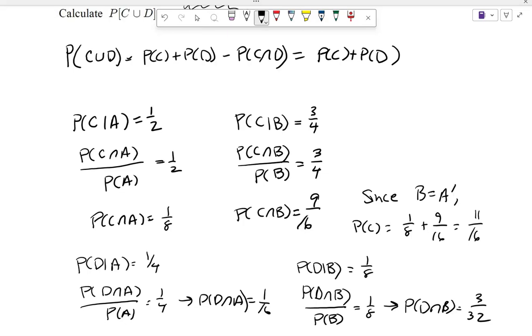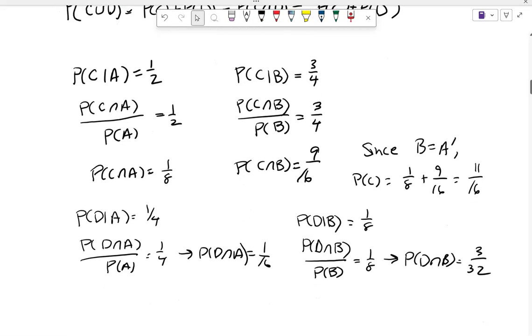So then again, how can we get probability of D? What do we want to do with those two numbers? Add them. So your probability of D will be a 16th, not an 1/8, looked at the wrong number, over 3/32, which gives you 5/32.